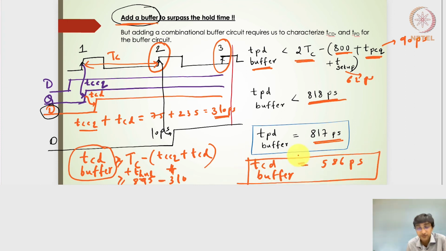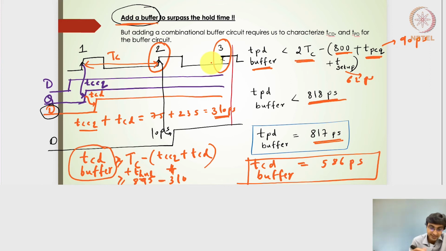So we need to design a buffer with its propagation delay as 817 picoseconds and its contamination delay around 586 picoseconds, so that the contaminated output is avoided in the capturing in the second clock edge, as well as the propagation delay, which is a steady state output, will be captured only in the third clock edge.